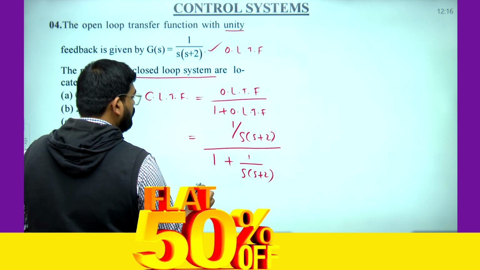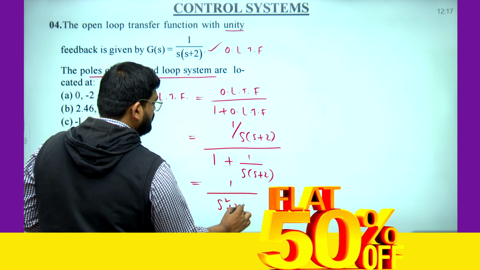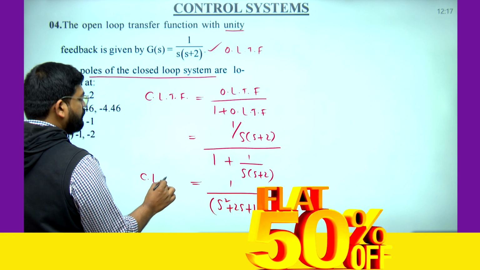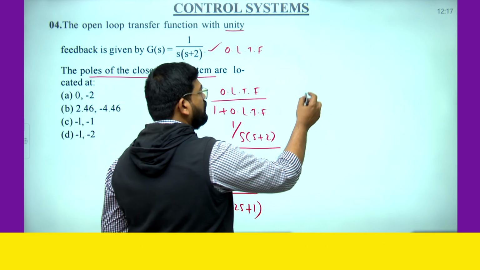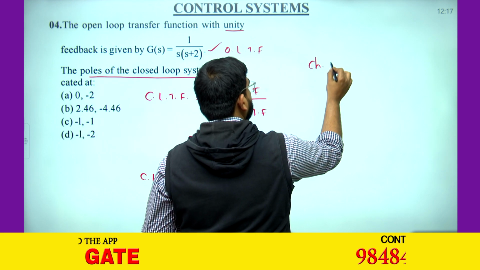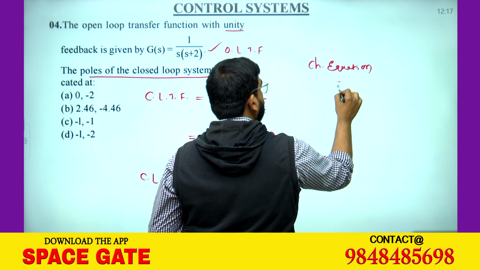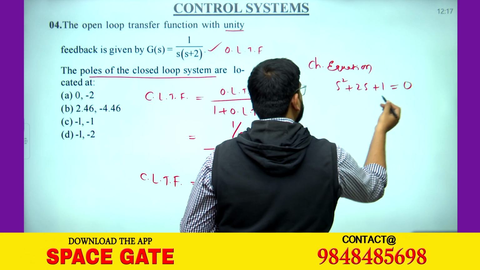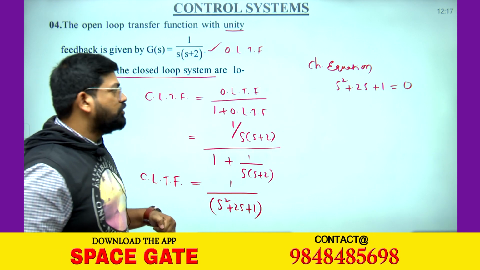Simplify further, we get 1 by s square plus 2s plus 1. So, now this is the closed loop transfer function, and the denominator of the closed loop transfer function gives the characteristic equation. So, what is the characteristic equation now? s square plus 2s plus 1 is equal to 0.